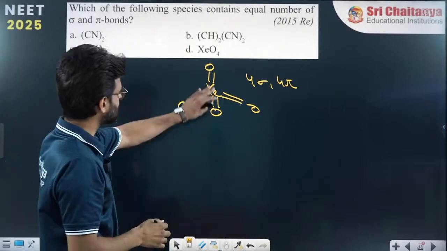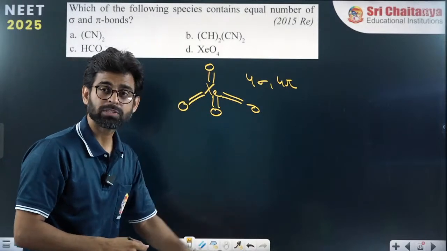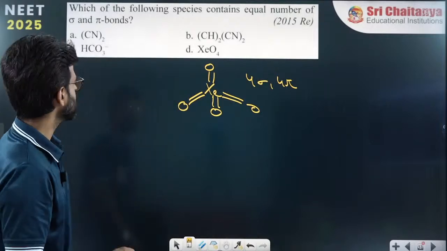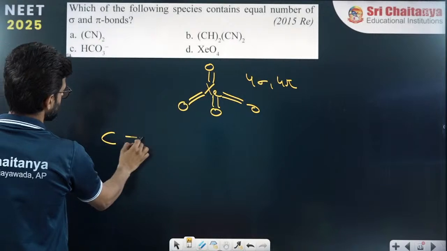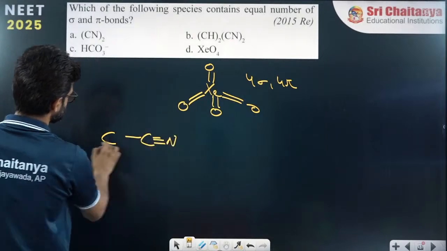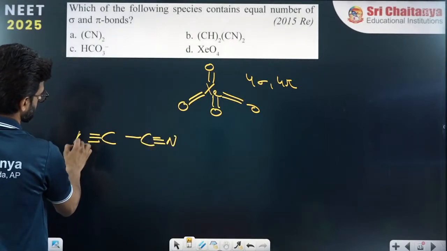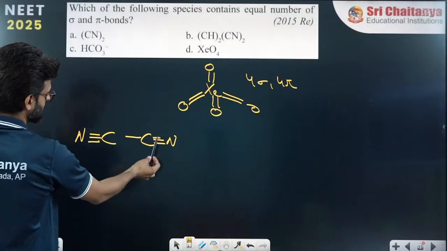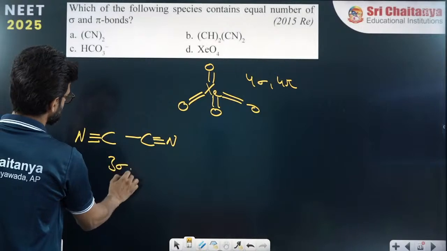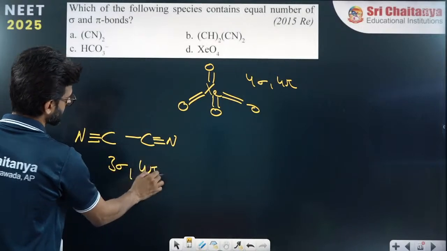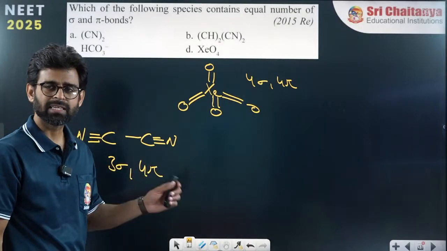So here you can see an equal number of sigma bonds and pi bonds. If you check anything else, say we have CN twice, clear? If I count here, how many sigma? 1, 2, 3 sigma, and how many pi? 4 pi, not equal. So in this way you can check all the options.